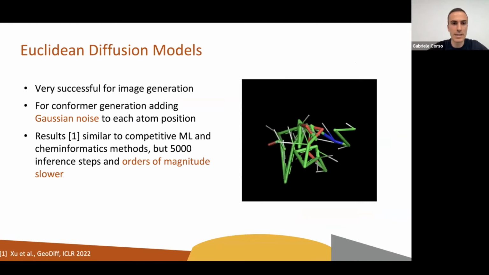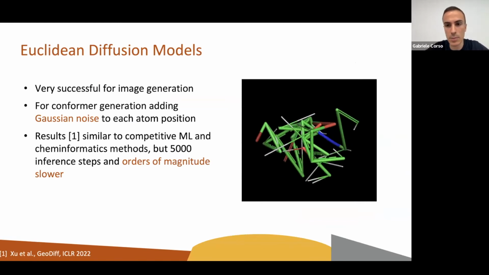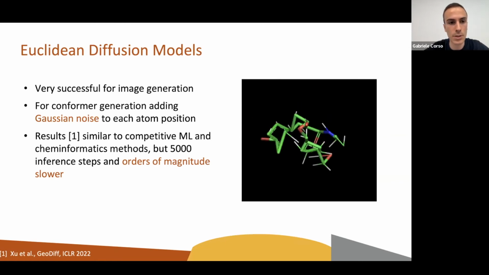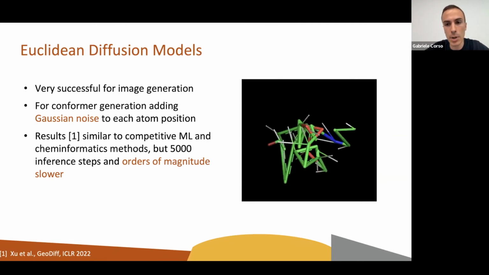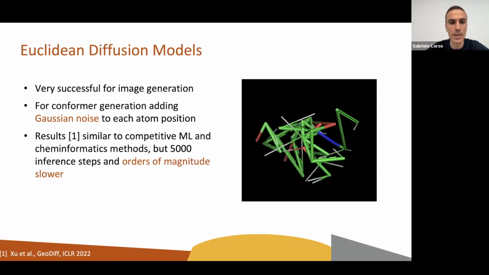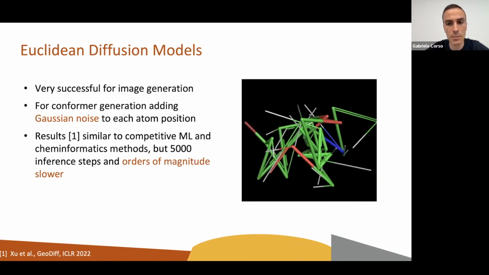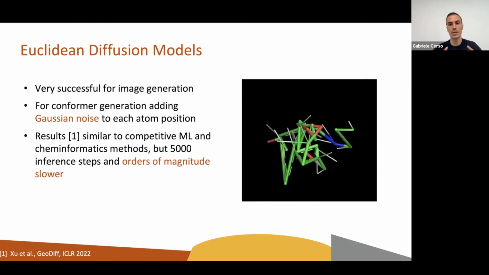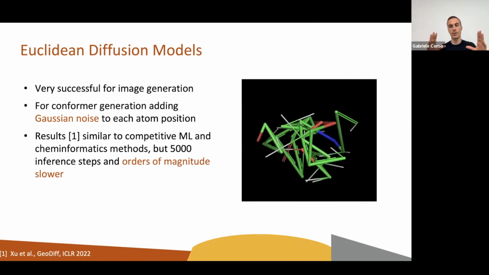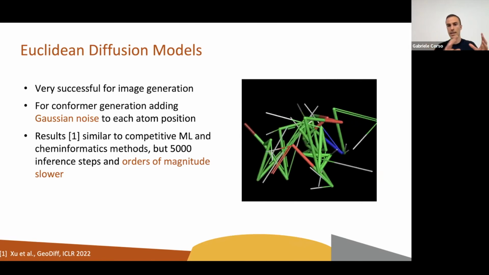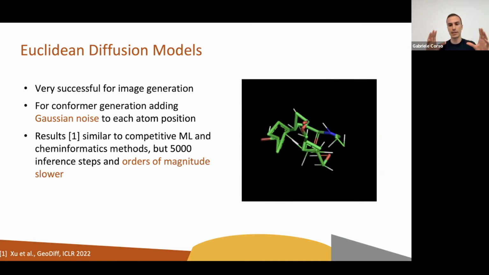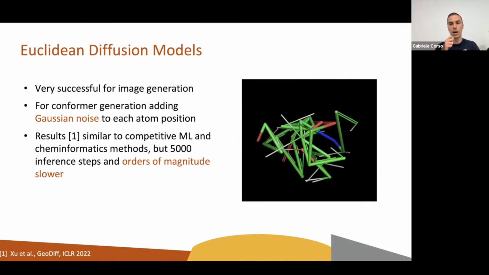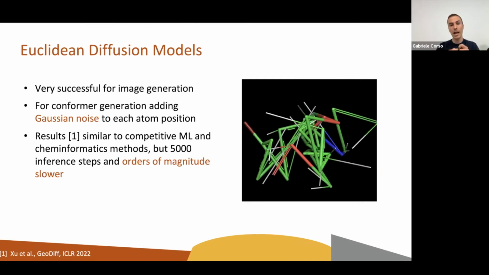One of these machine learning methods, and the one that is most closely related to our work, is that of Euclidean diffusion models. Diffusion generative models have been very successful over the past couple of years for image generation. The way that they work is that, for an image, you start from a set of images in your pixel grid, and to every pixel you add Gaussian noise.